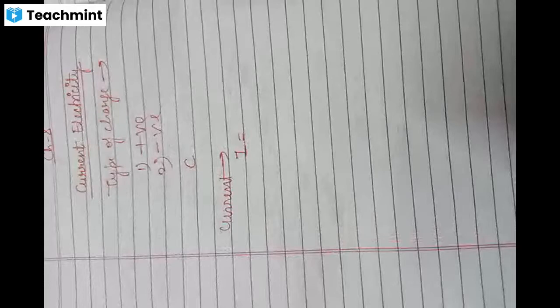Current is abbreviated as I and its formula is I is equal to Q by T. I is equal to Q by T. What is Q? Charge. Q is the charge on a body.